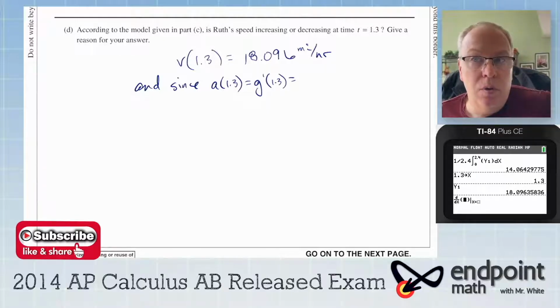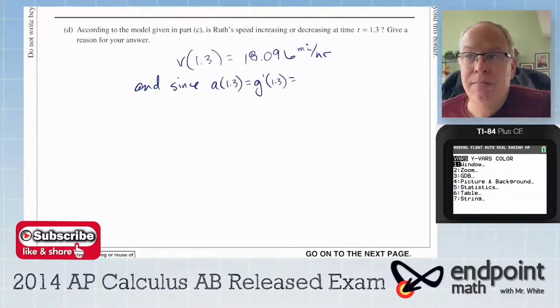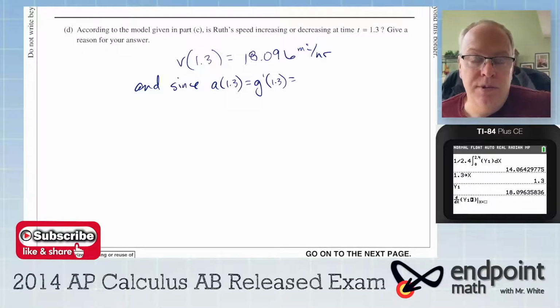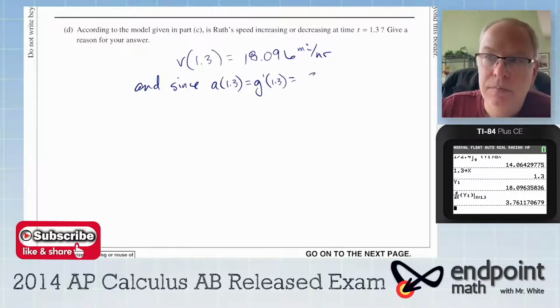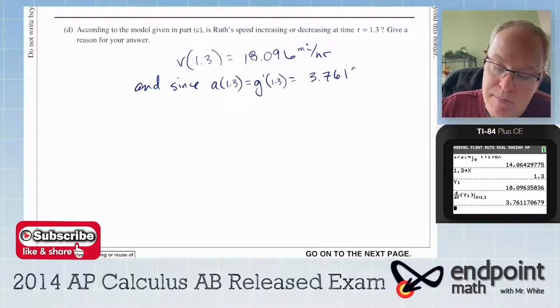All right, so again, y variable. I don't have to type it in again. I hope you are in absolute awe at how awesome this is and how much time this can save you if you utilize it. And then, where are we evaluating at? 1.3. So we don't have to shoot any value into x. It does it for us here. So we get 3.761. This would be miles per hour squared.